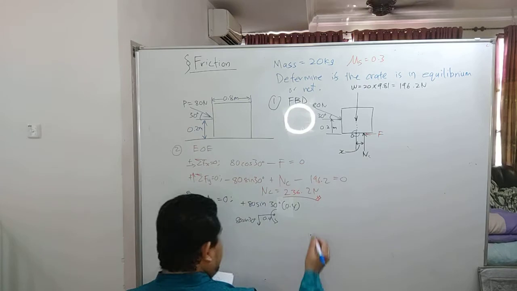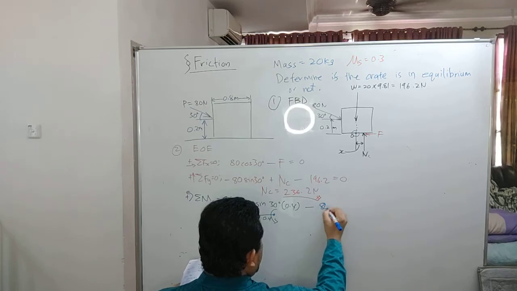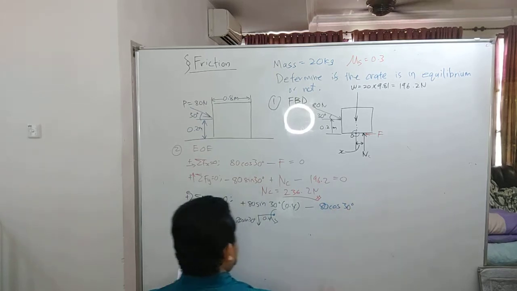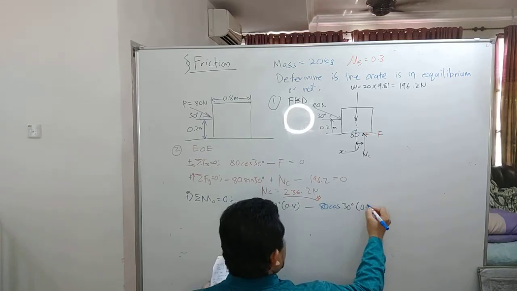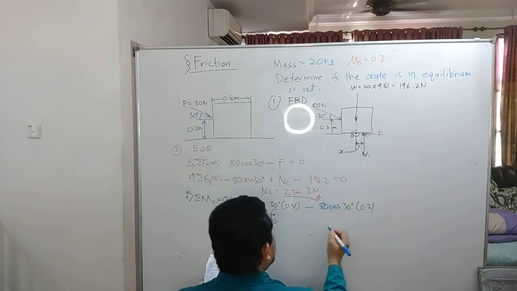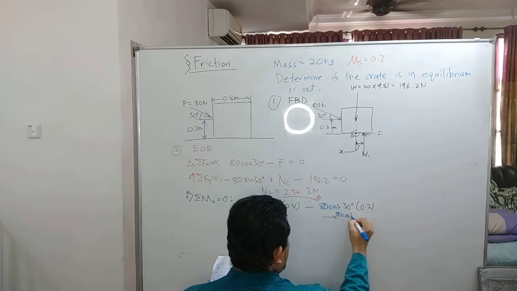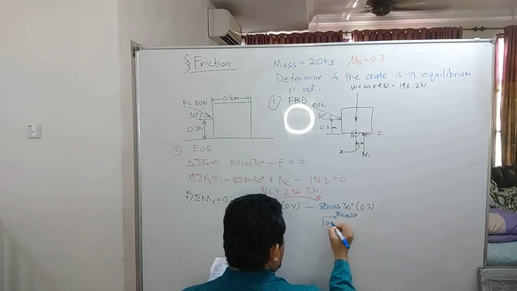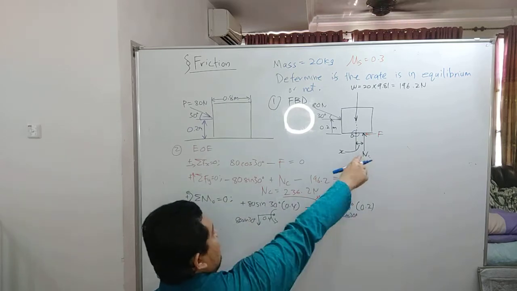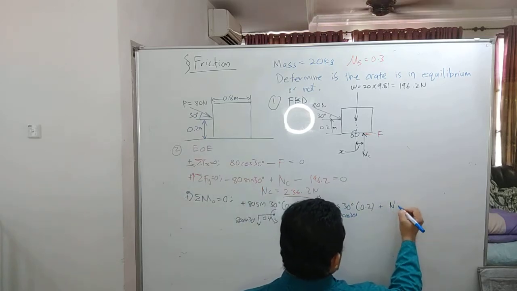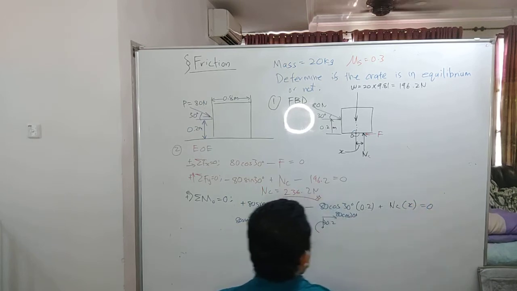Another one is minus 80 cosine 30 degrees times 0.2. This one is clockwise, so it will be negative. And then you have NC, plus NC, times the X distance that you don't know, which is equivalent to 0.